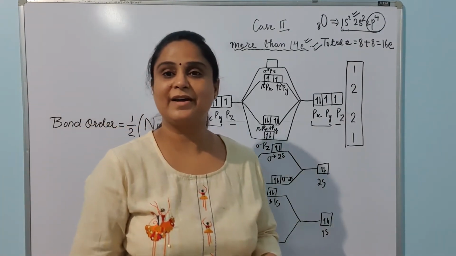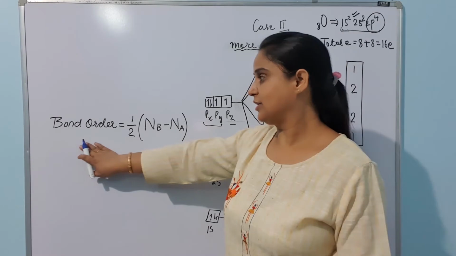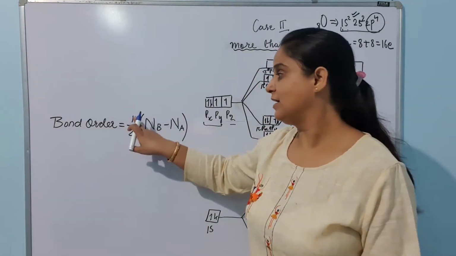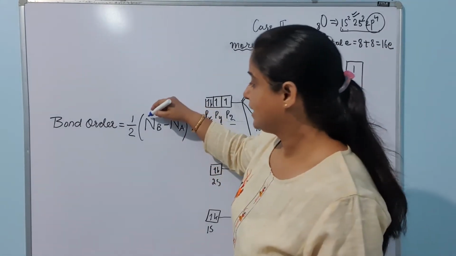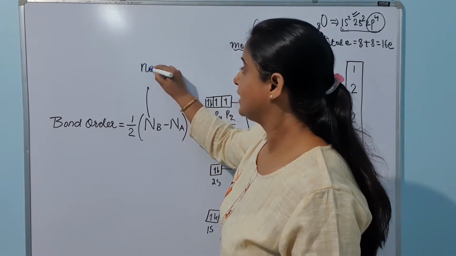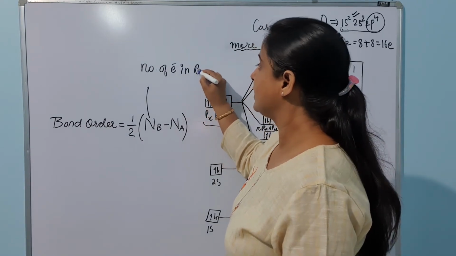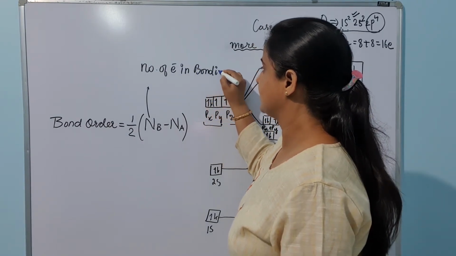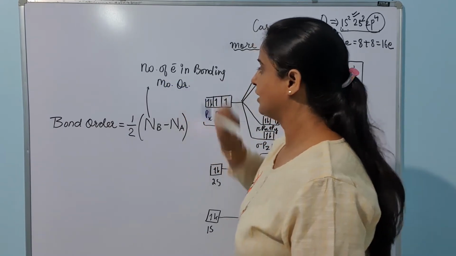So here we have the bond order formula. So this is bond order. Bond order can be calculated using this formula, half (Nb minus Na). What is Nb here? Nb means number of electrons in bonding molecular orbitals. Okay, what does Na mean?